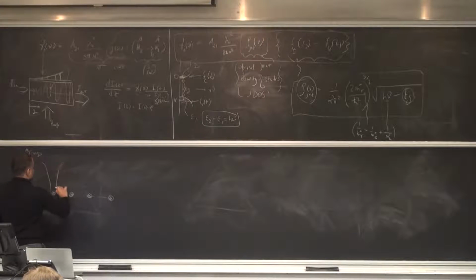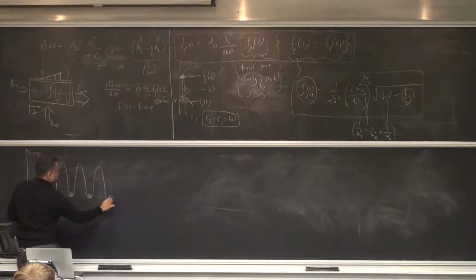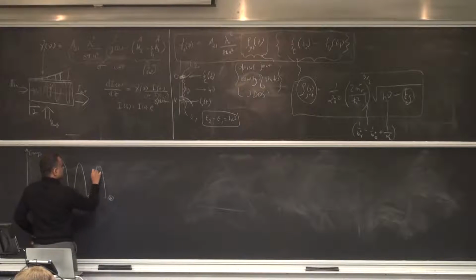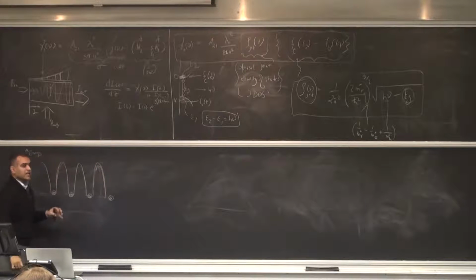So the total potential that an electron sees as it goes through a crystal would roughly look something like that. I'm saying the energy landscape that an electron would see as it moves through this periodic arrangement of atoms is going to look something like that.